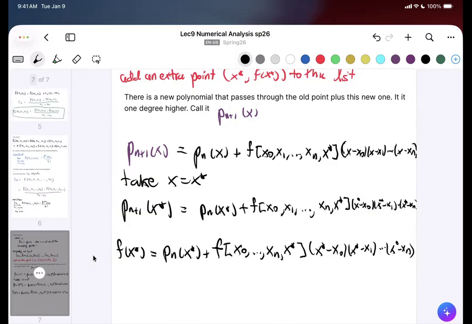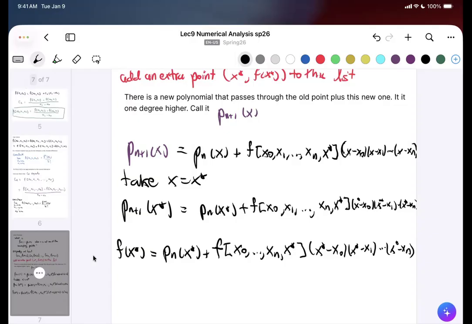Okay. But x star could have been whatever in the world. It's nothing specific. I just called it x star for psychological purposes. So call x star x again, because why not? You get a formula that f of x is Pn of x plus this extra term, similar to the error term in the Taylor polynomial.